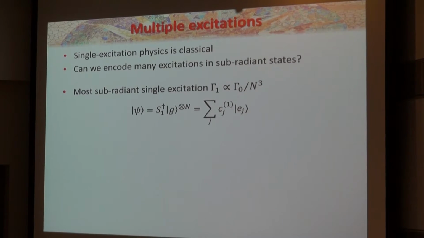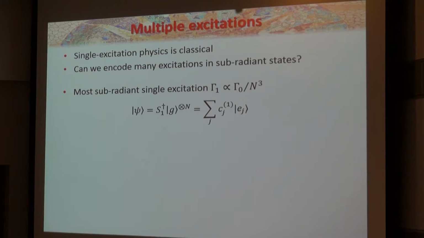So let me illustrate a toy example to show why this problem is quite subtle. Let's go back to the single excitation manifold. I argued before that the most subradiant excitation has a decay rate that goes like 1 over the number of atoms cubed. It's going to be some superposition of atoms being excited with some amplitudes Cj.